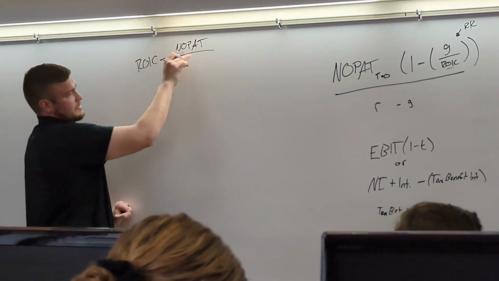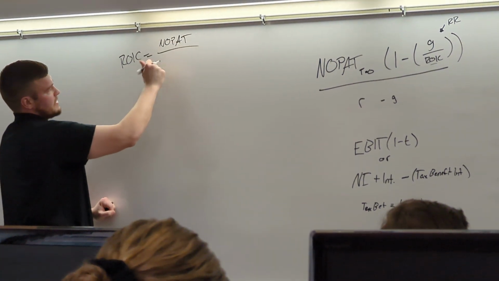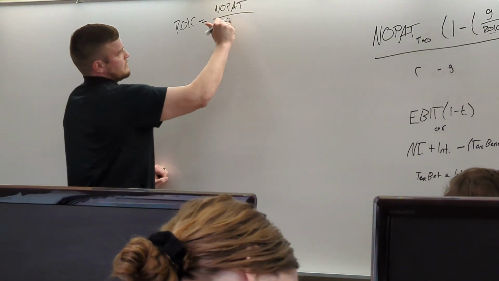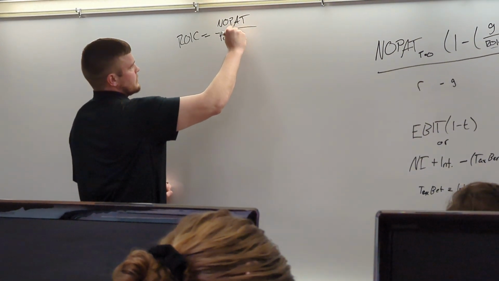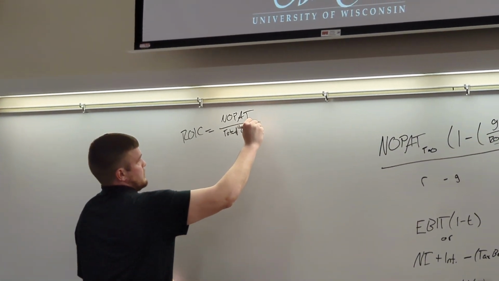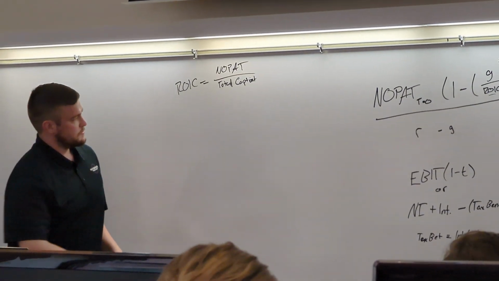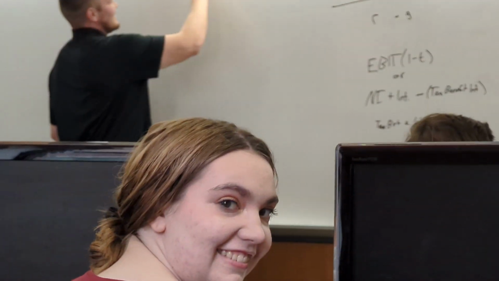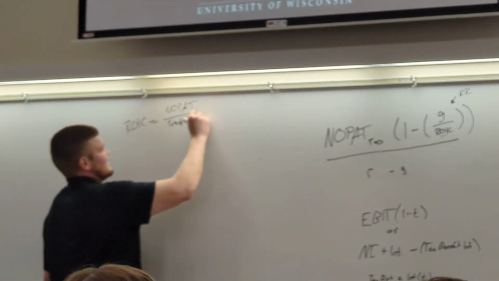Nice and easy. So then we take our net operating profit after tax over total invested capital. I'll just go total capital. Don't judge my spelling up here. Will, stop. Are you recording? I love it. Capital.